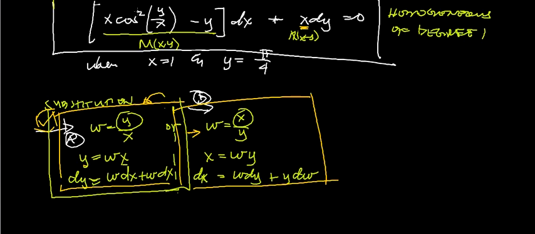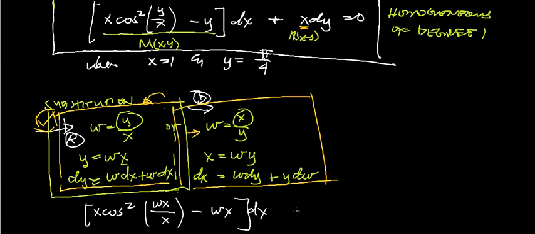Okay, so if we use this, our equation will become x cosine squared (y/x) minus y is wx, then our dx plus x, and then our dy is this one, w dx plus x dw.